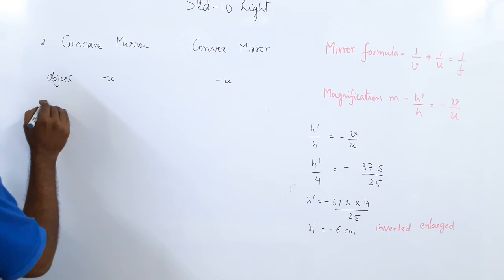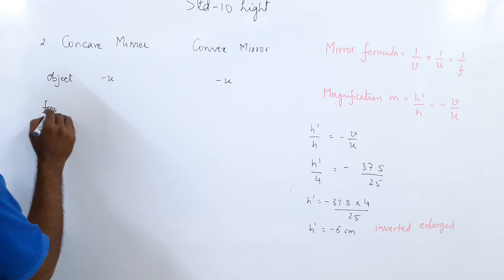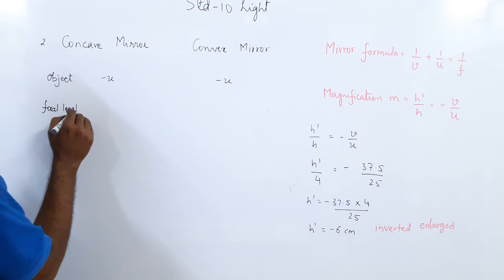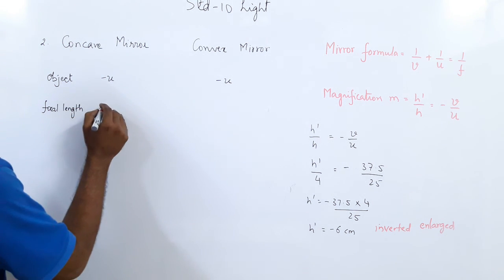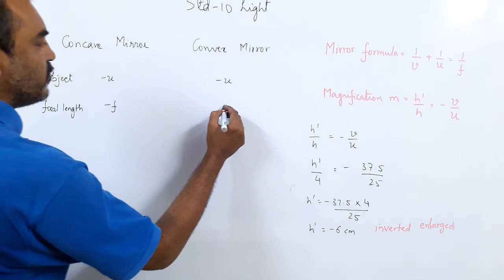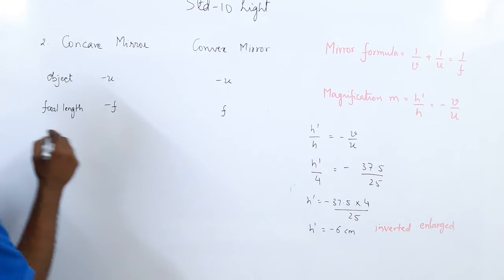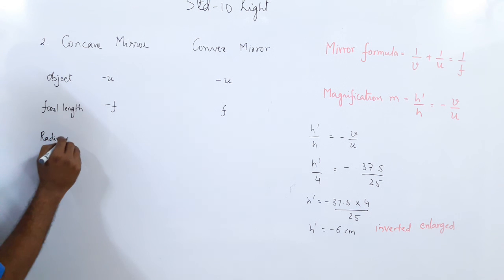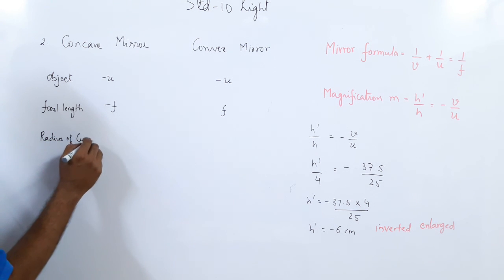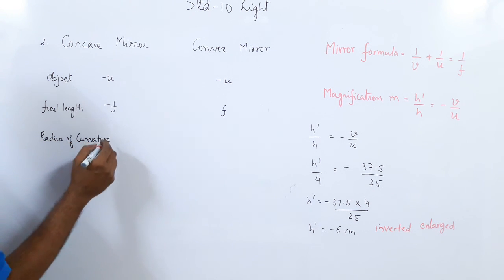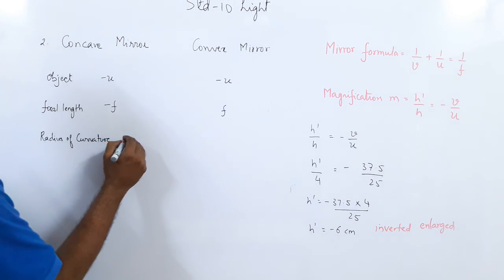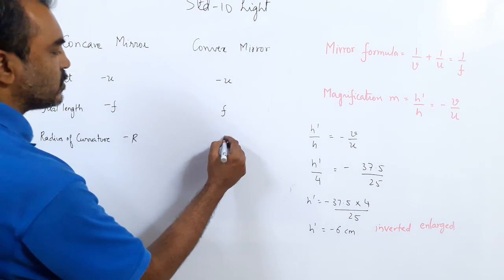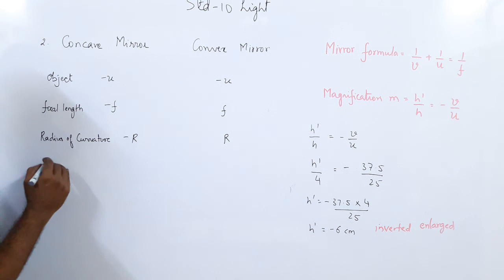The focal length of a concave mirror is on the left side, minus f. For a convex mirror, the focal length is on the right side. Radius of curvature comes from the focal length only. For a concave mirror it is on the left side, so minus r. For a convex mirror it is on the right side, so it is r.